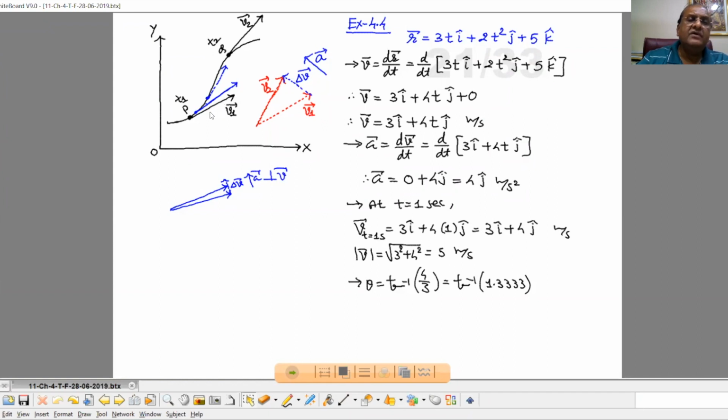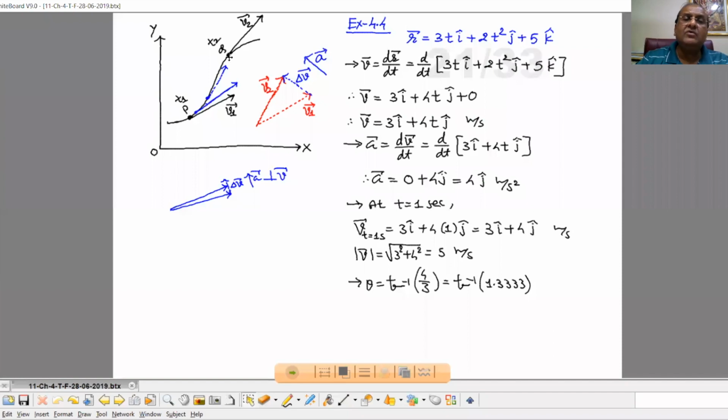So v1 is the velocity at some instant t1. Then suppose the particle changes its position and reaches here, and its velocity again will be in the tangential direction. So we can observe that the velocity vector is continuously changing.